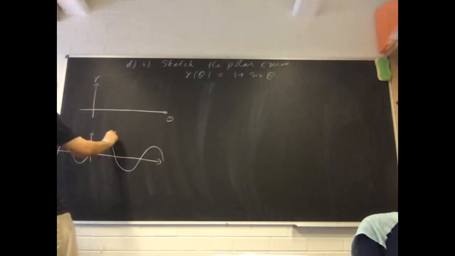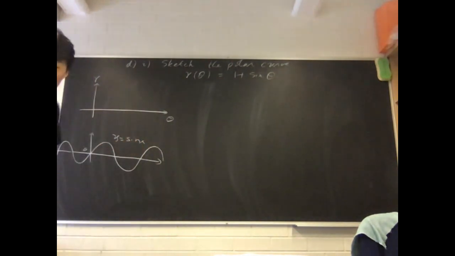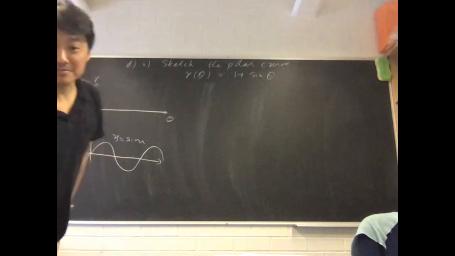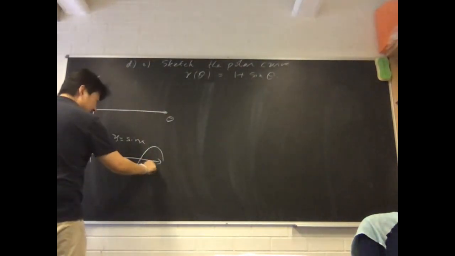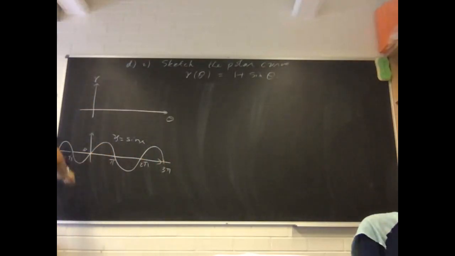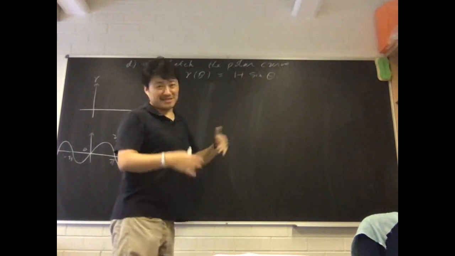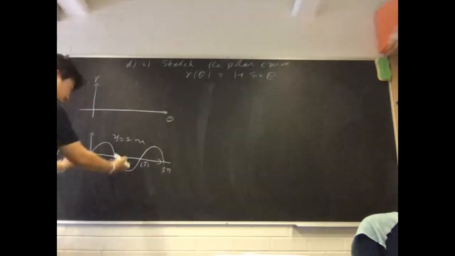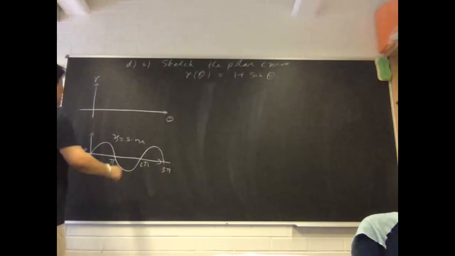So that's y equals sine of x. Okay, so pi, 2 pi, and 3 pi, and so on. So negative pi. That's what sine looks like. Well, the only difference between this and sine is that there's a 1 added to it. So this entire graph is just shifted upward by 1 unit.